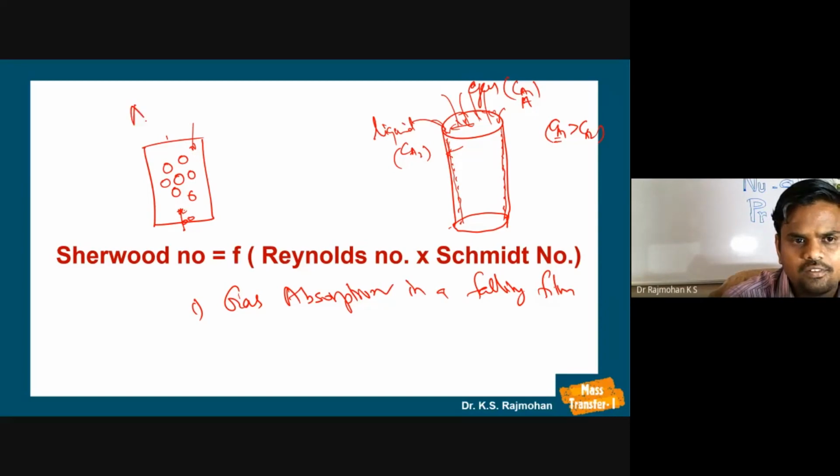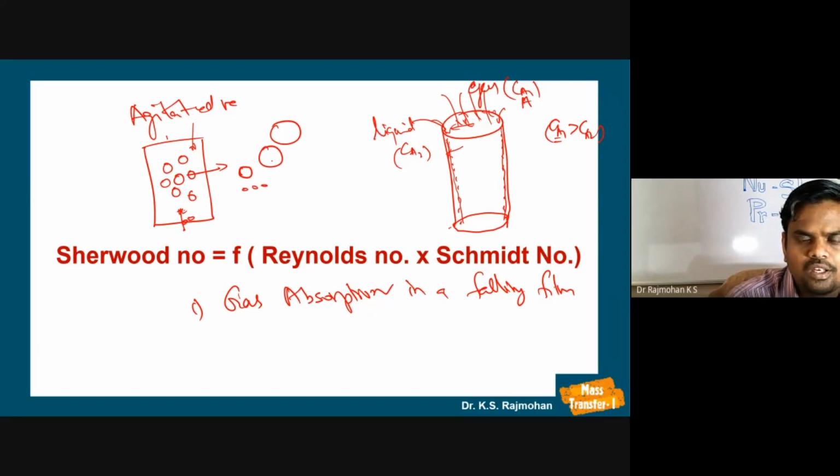Depending upon the diameter of the bubbles, whether we have small diameter bubbles or big diameter bubbles continuously introduced, and how the agitation is maintained, the value of the mass transfer coefficient will be impacted. So here also we are going to have a mass transfer coefficient, and in the bubbles also we have mass transfer coefficients.